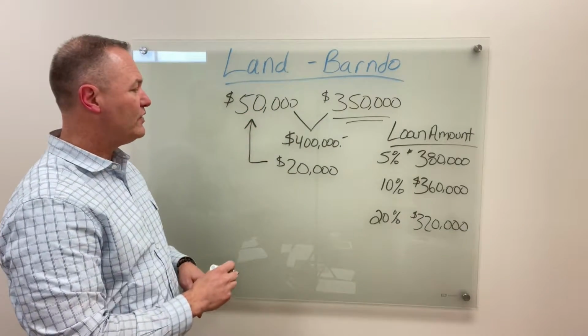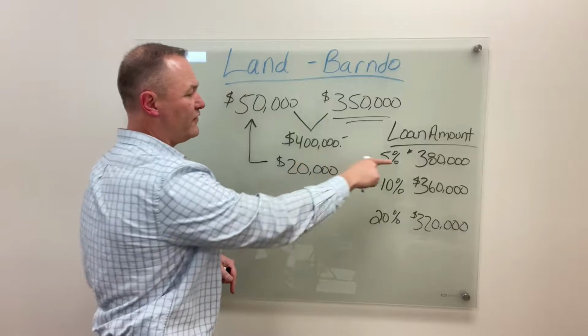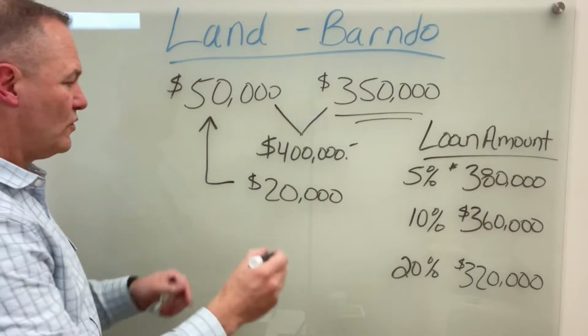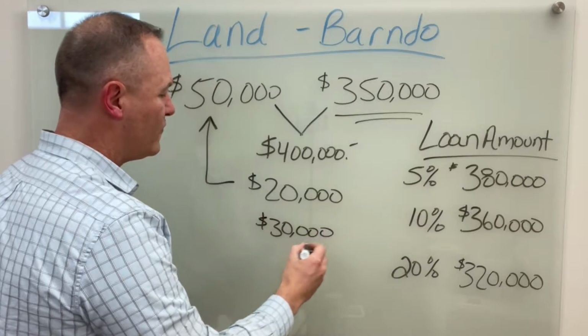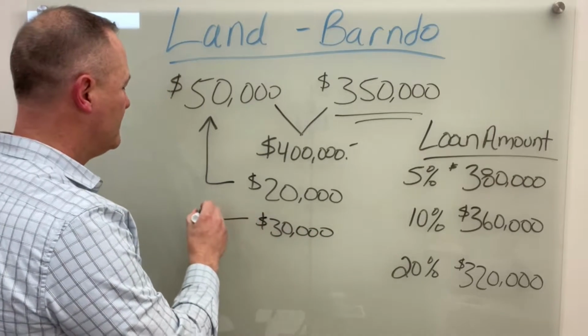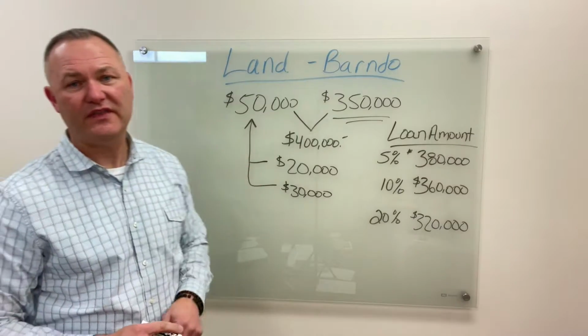And then what they're going to do is they're going to draw off of your $380,000 construction loan. So another $30,000 for land for the balance. And that's going to make up your $50,000.